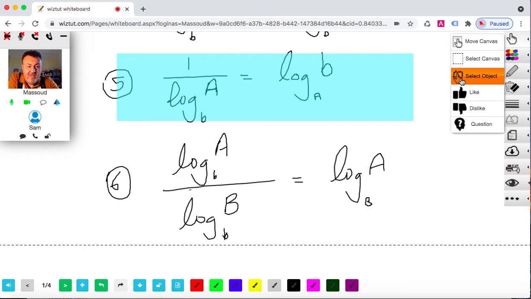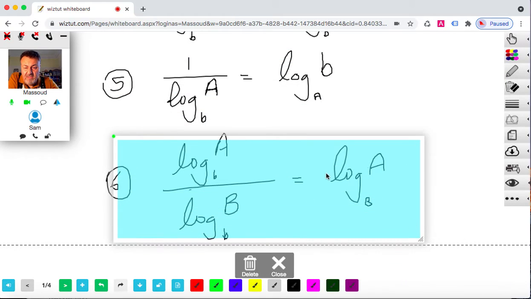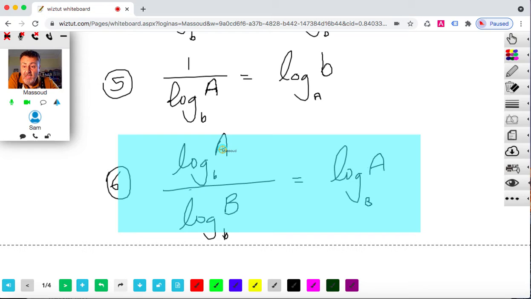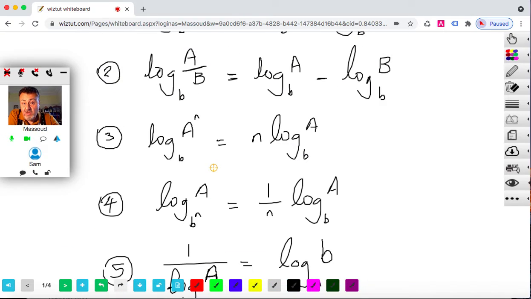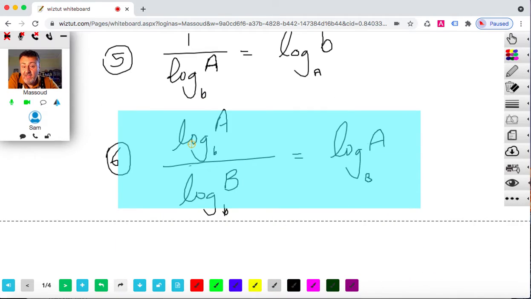And finally, this is probably very rarely used, but if you've got a division of log of a to the base b, divided by log of b to the base b, so this is actually a log divided by a log. It's not subjects divided by one another; this is in fact a full log divided by another log.